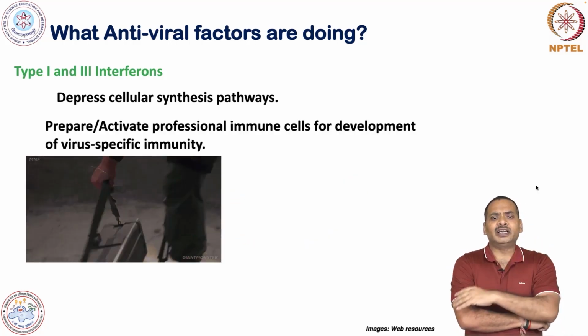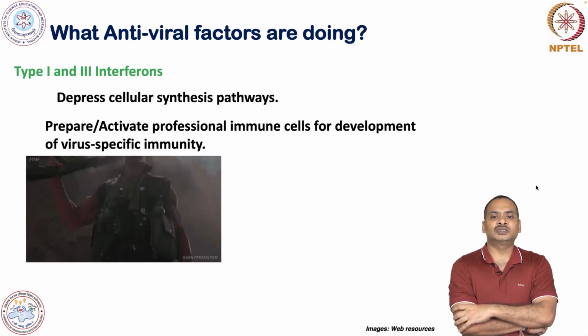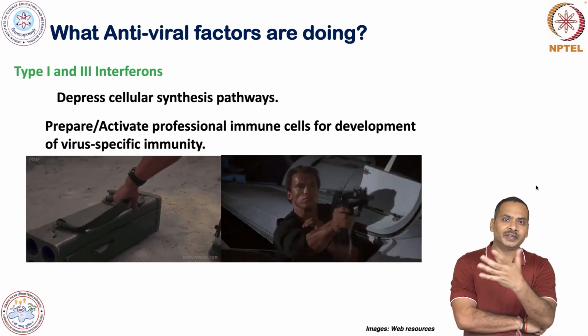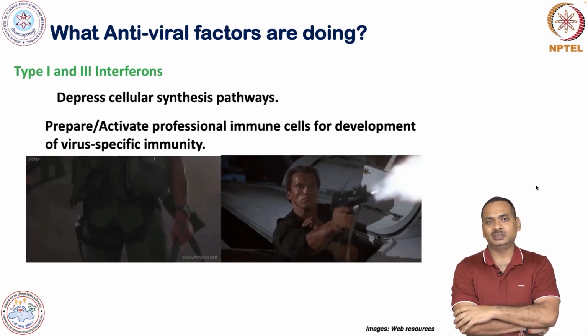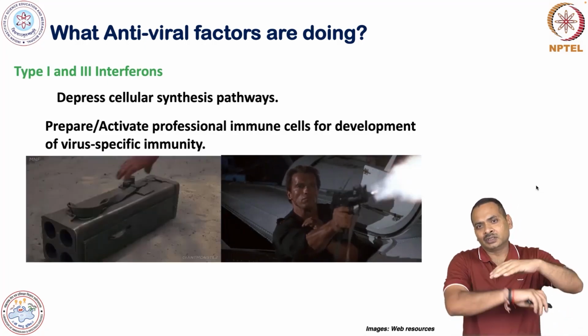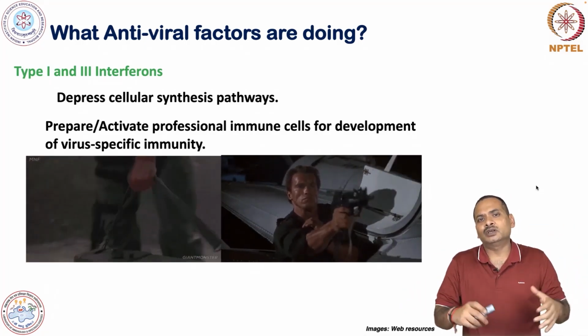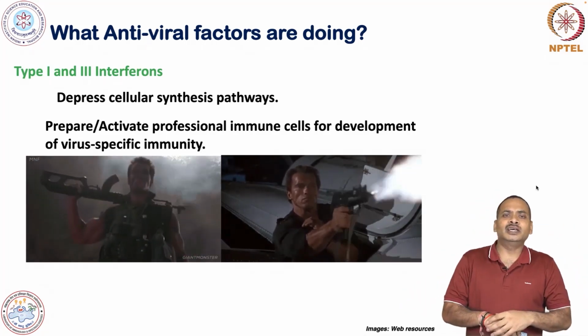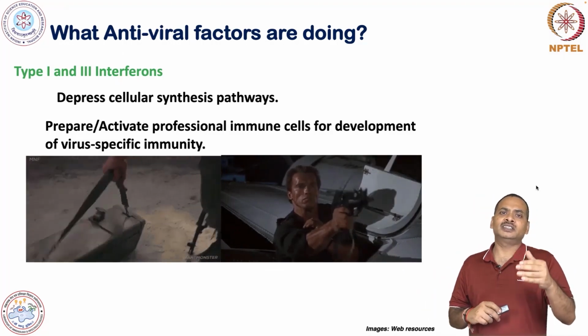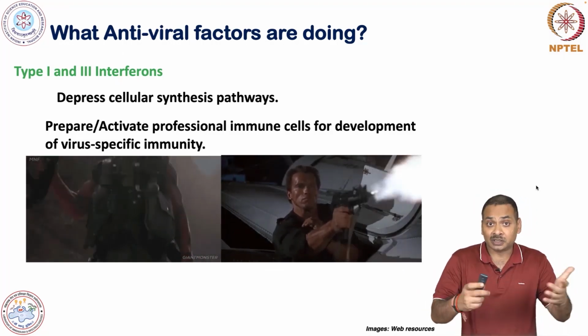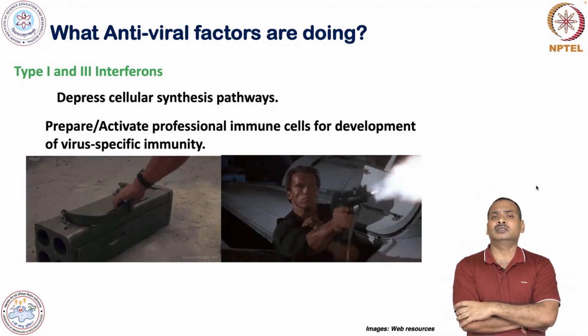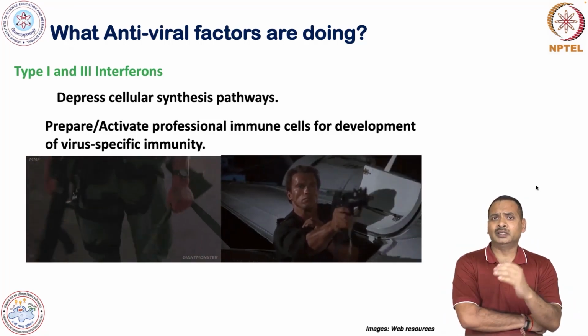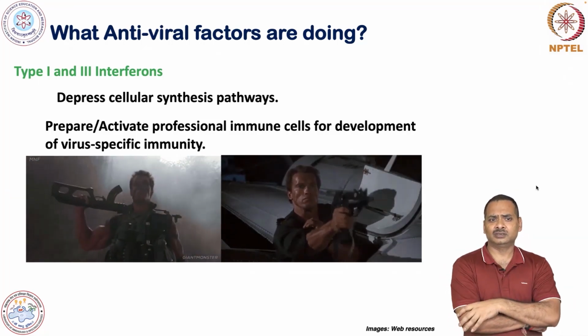They prepare and activate professional immune cells for the development of virus-specific immunity. So if the common immune response is not able to clear the virus, then they will start generating specific immunity, which is mainly carried out by B cells and T cells.